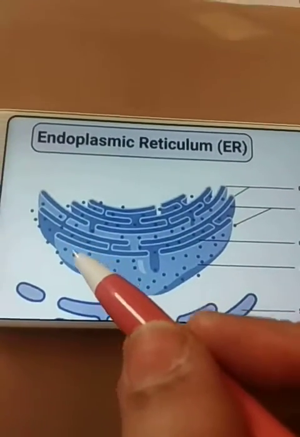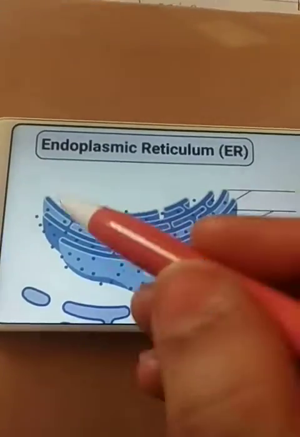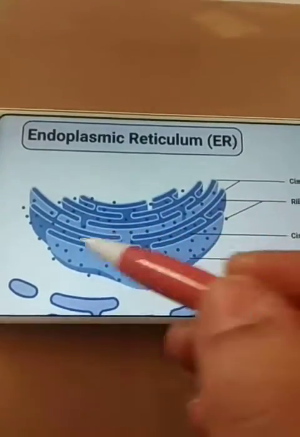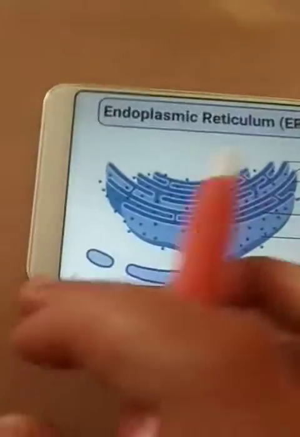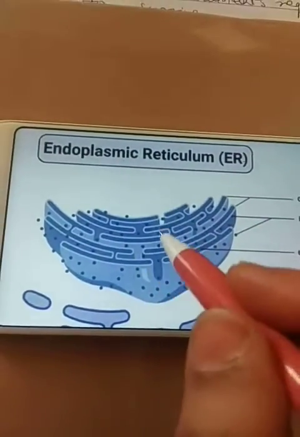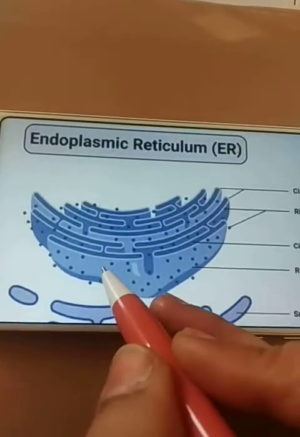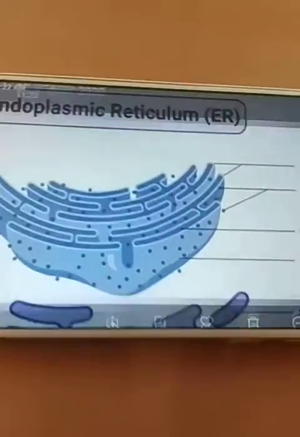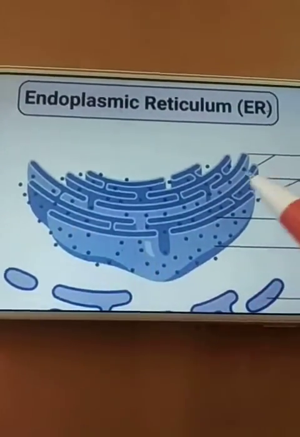Endoplasmic reticulum is a large network of membranous sheets and tubes.